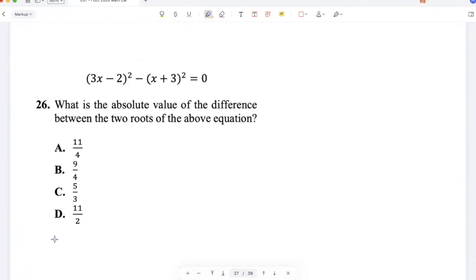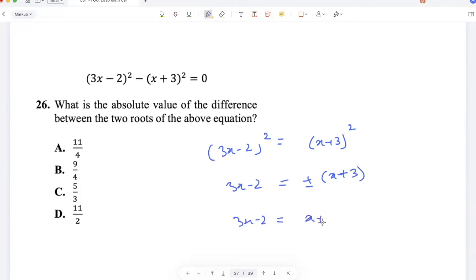What is the absolute value of the difference between the two roots of the above equation? Okay, so 3x minus 2 whole squared is x plus 3 whole squared. So 3x minus 2 is plus minus x plus 3. So 3x minus 2 is x plus 3. Or 3x minus 2 is minus x plus 3.